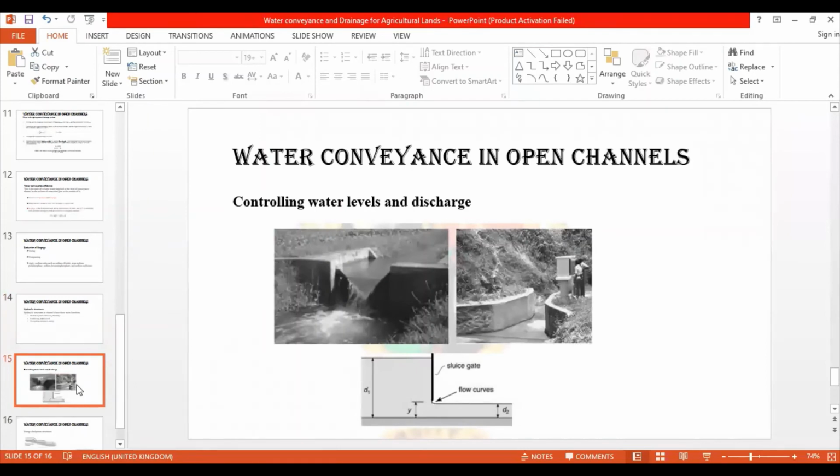There are different structures that we can put up to control the water levels and discharge in our channels. One of them is what we call a weir, represented in this picture. Once you go to your module, you'll be able to see it clearly, with the explanation of how it works.